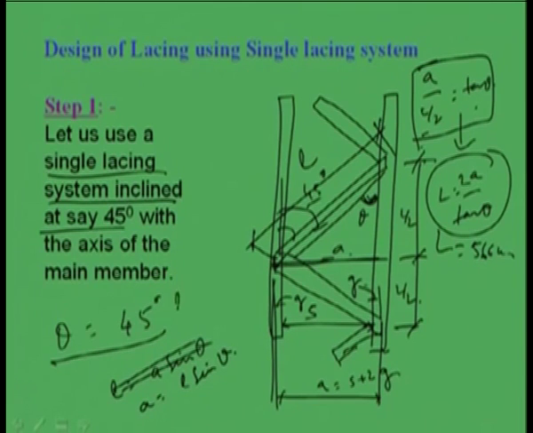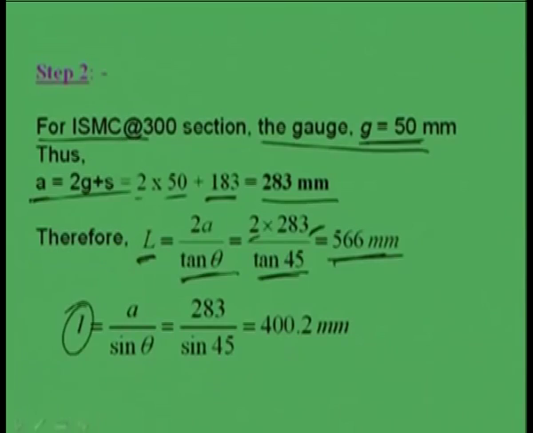That means L will become A by sin theta, right. So, length of the lacing will become A by sin theta. So, A is 283 and theta is 45 degree. So, we can find out from this the length of lacing as 400.2 millimeter, right. So, in this way we can find out the length of the lacing.